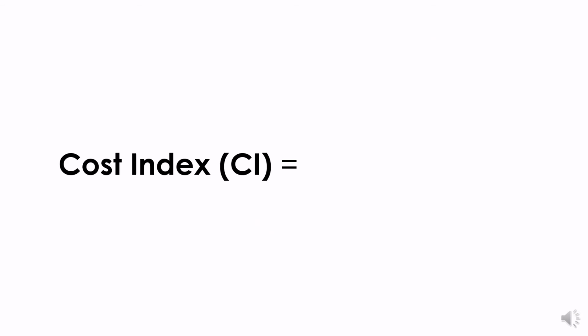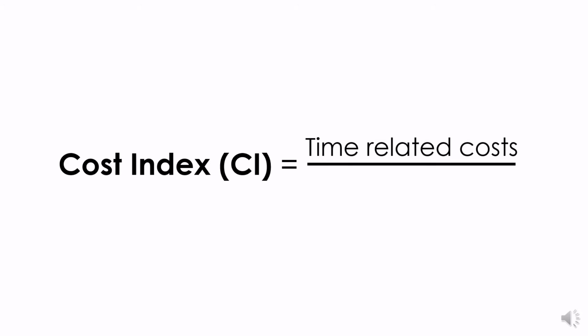So the cost index is time-related costs divided by fuel costs. Airline companies calculate all these costs and calculate a cost index.